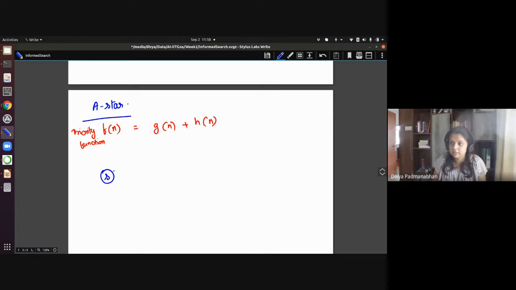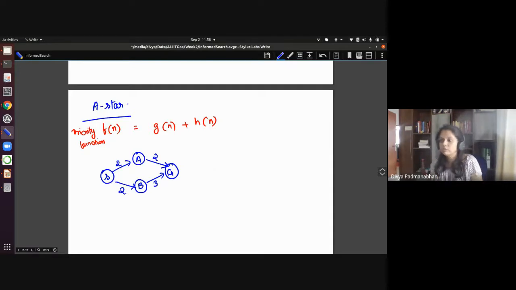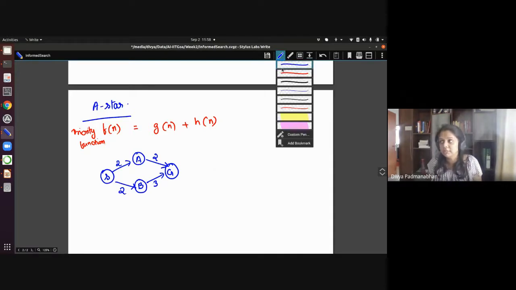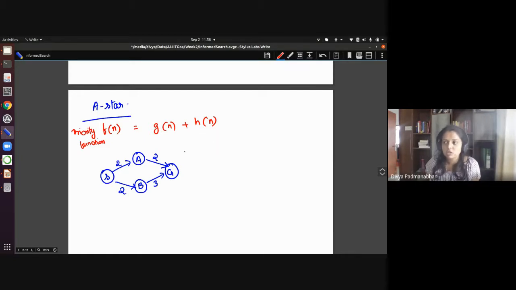So you have S, you have A, B, and suppose this is a simple example, and suppose these costs are 2, this is 2, this is 2, and this is 3. And now for the goal state, let me also write what the heuristics are, the edge function. The heuristic for the goal state is typically 0, right? There's no reason to have something other than 0 here. So let this be 0. And for A, let the heuristic give you 2.